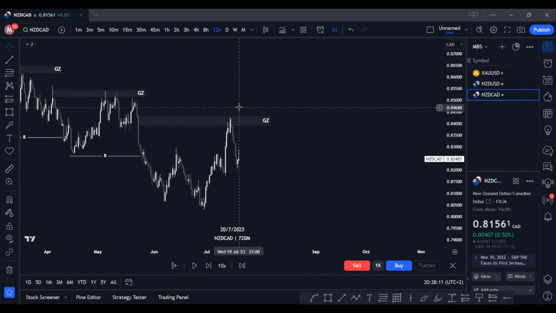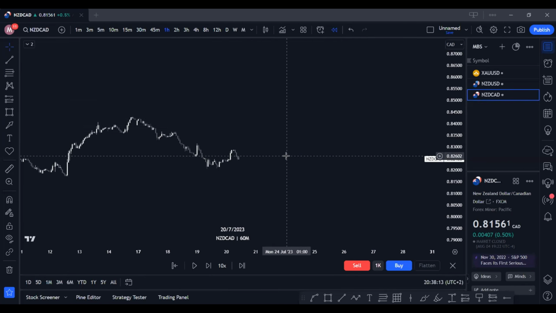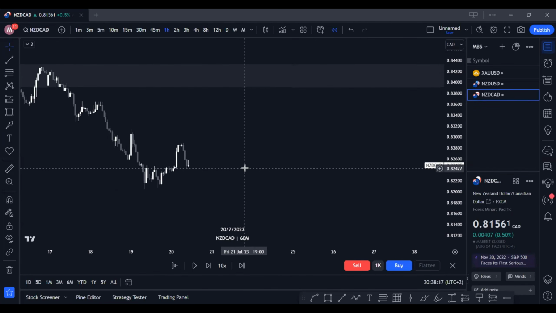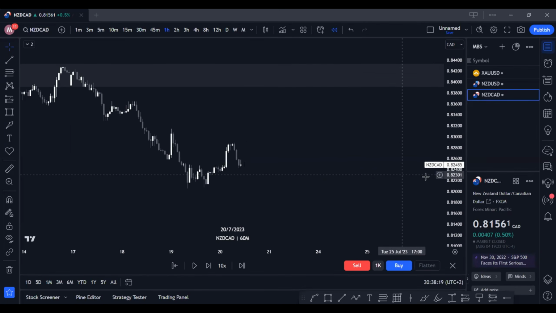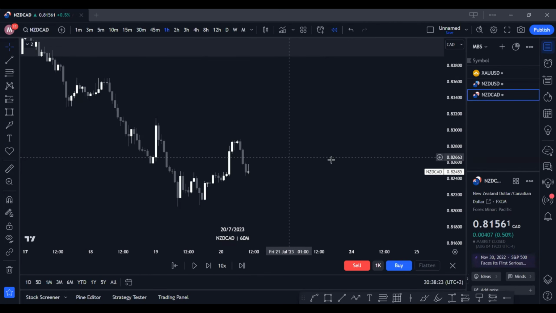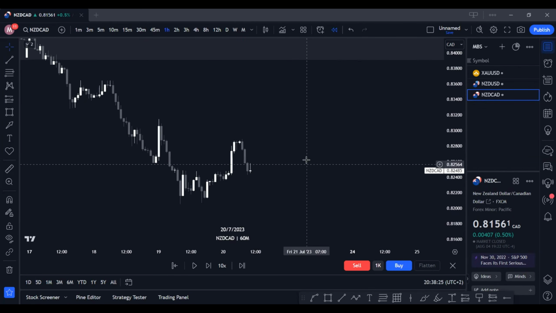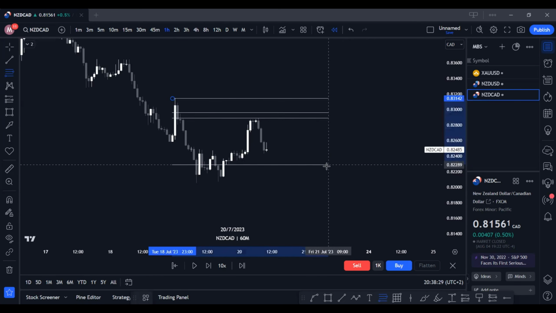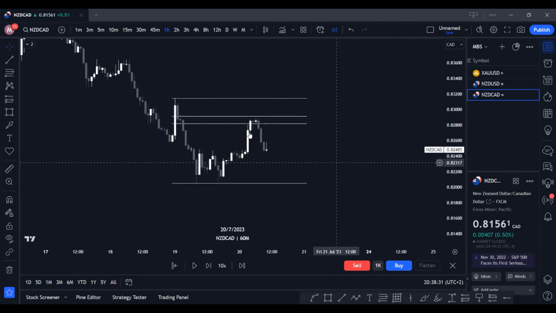So now let's look for our pro trend trades. Let's move to our lower time frame and see what we have. So this here could be a potential pro trend trade. Let's place our golden zone from our high to our low.